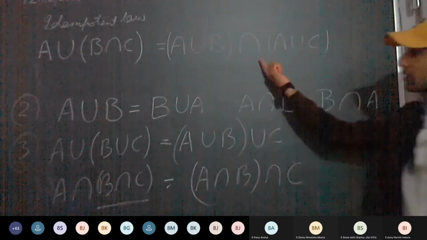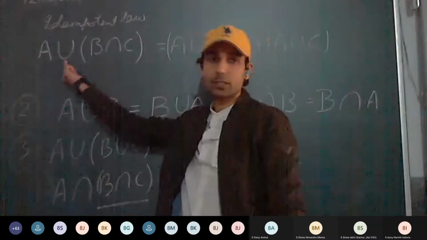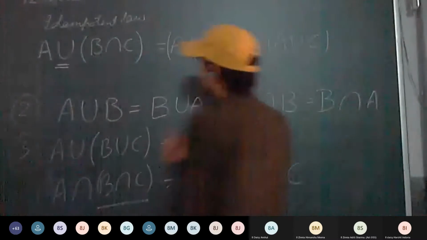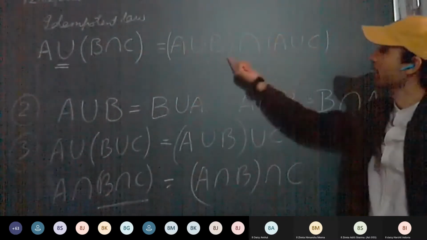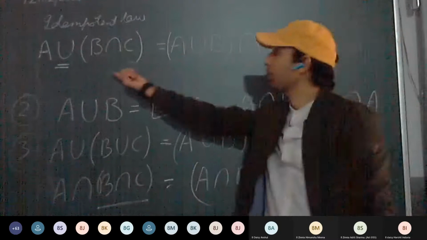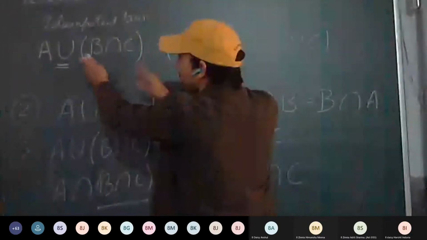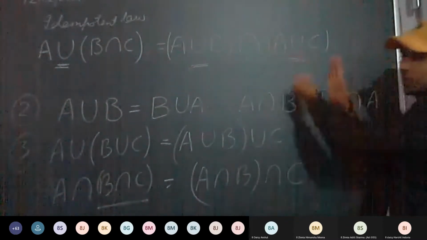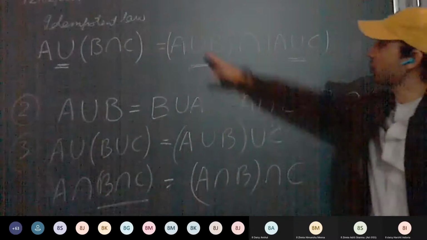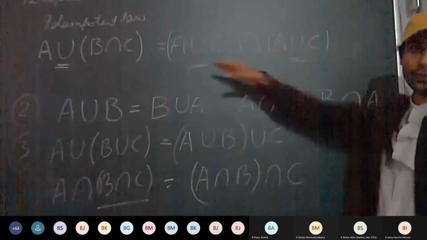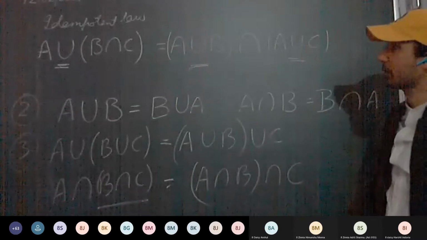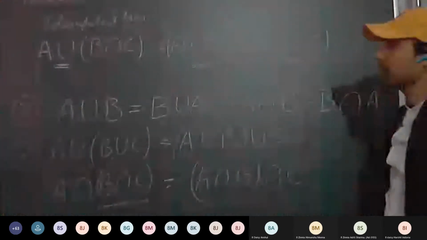So here union is distributed. We distributed union here and here. Here two unions we are taking, so we distributed them. Understood this one?